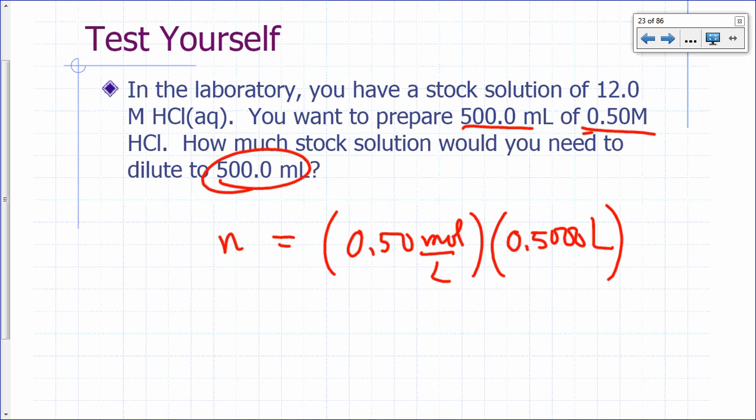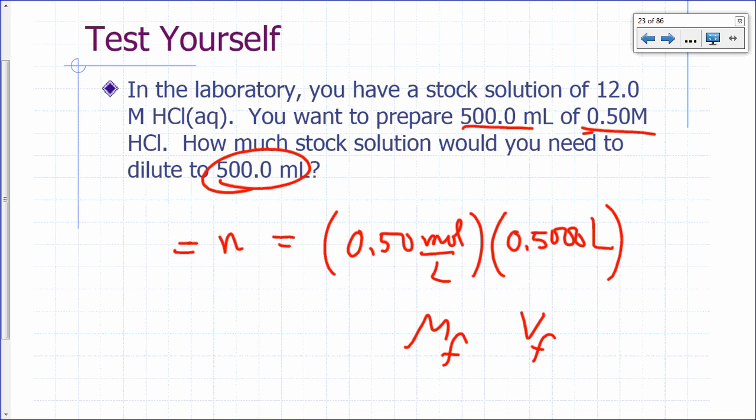Okay, so that's the molarity of the final solution, right? The desired molarity times the desired volume. So that would be your final molarity and the final volume that you want. Well, that's going to have to be equal to the moles you can get from the stock.